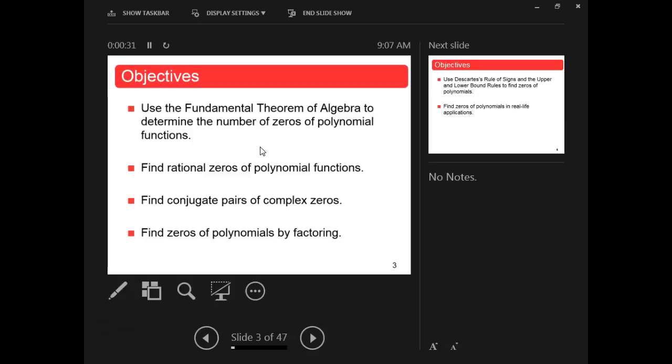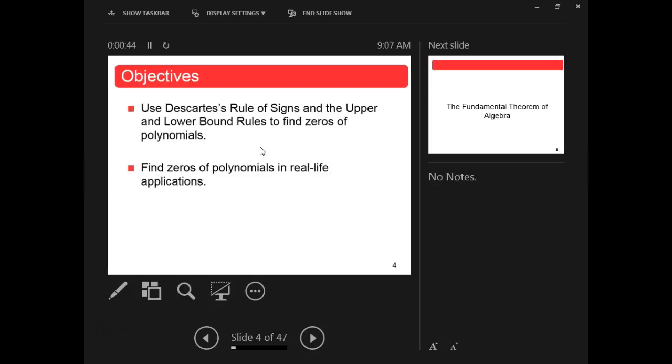We'll find rational zeros of polynomial functions. We'll find conjugate pairs of complex zeros. We're not going to focus on that, but we'll talk about it. And we'll find the zeros of polynomials by factoring. We'll also use Descartes' rule of signs and the upper and lower bound rules to find zeros of polynomials, and we'll find zeros of polynomials in real-life applications.